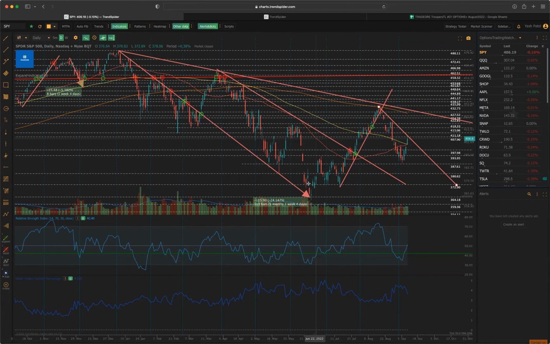Then from about June 16th all the way to July 20th, a month-long consolidation, a trend break, and now a pullback. The month of August was interesting because we saw some consolidation in the same range, as I mentioned during the technical analysis for the month, where I said we are in the same range again.